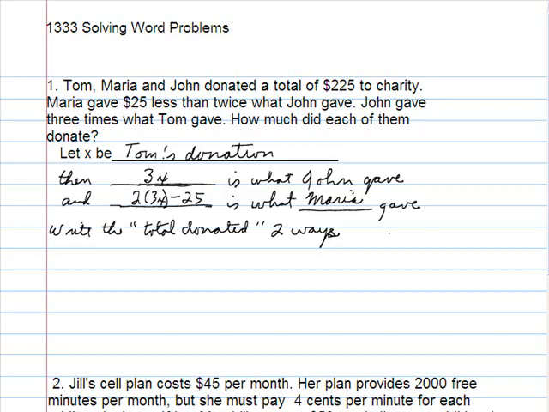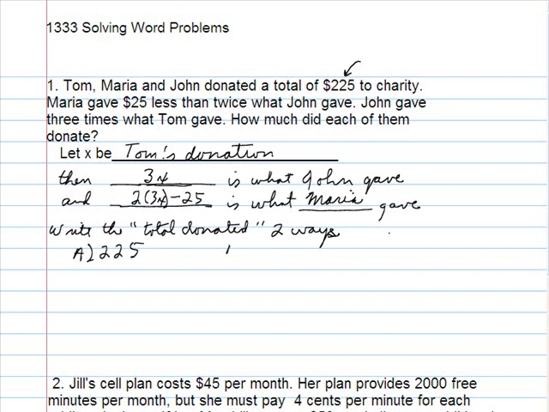Okay, the next one says figure out something you can write 2 ways. Well, look up here. This 225 is the total given by all 3, and we haven't used it yet. So if I'm looking for one way to write the total that all 3 gave, the easiest way to write it is just going to be to write 225, because it says in the problem, all together they gave 225.